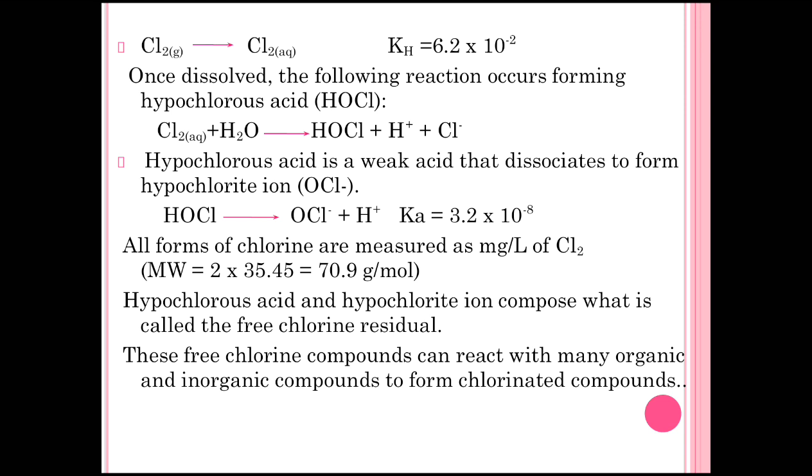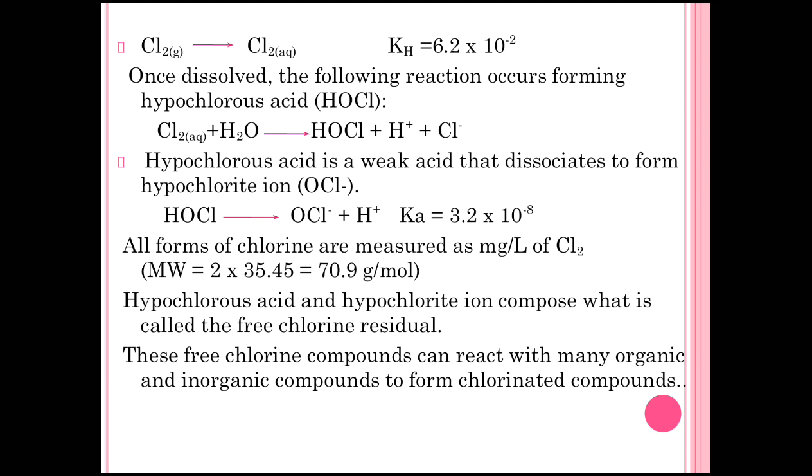Now hypochlorous acid is a weak acid. We know that hypochlorous acid is a weak acid that dissociates to form the hypochlorite ion. Since it is a weak acid, it can easily dissociate and form H plus and ClO minus. So whenever hypochlorous acid dissociates, the kinetics of that reaction is given as: it dissociates into H plus and OCl minus.